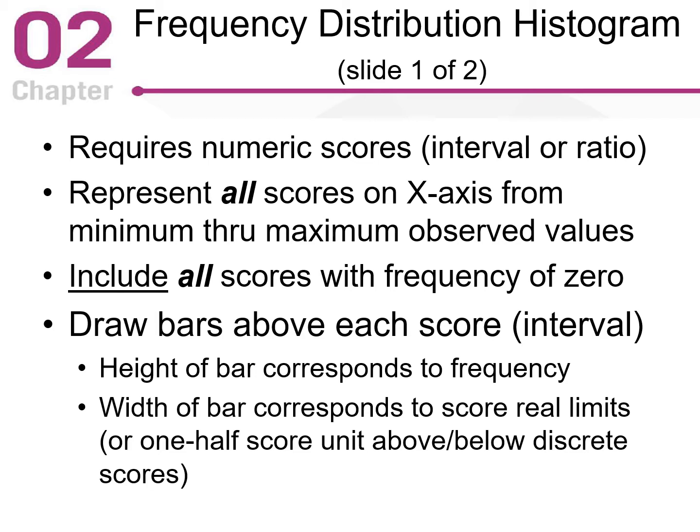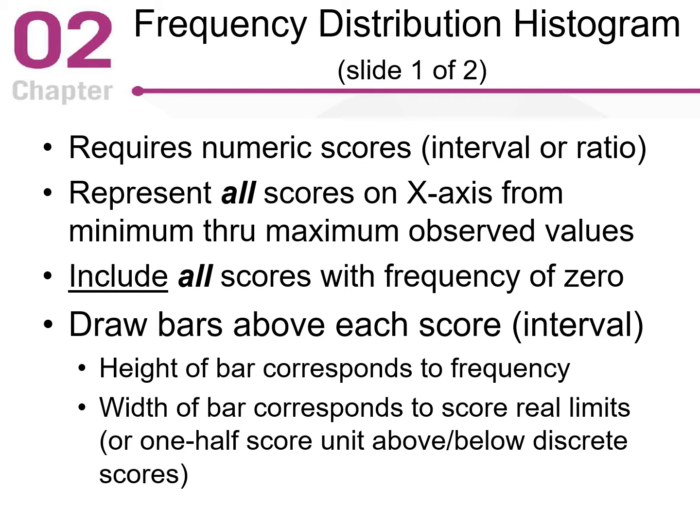You need to include scores or categories that have frequencies of 0. That's very important. You can't just eliminate the interval if there's nobody in it. In order to see the shape of the distribution, you must report 0. You must have the zeros in there because that's going to help you determine the shape.